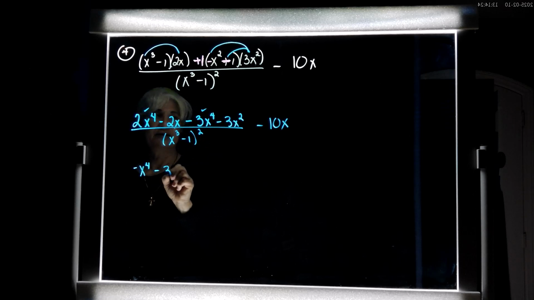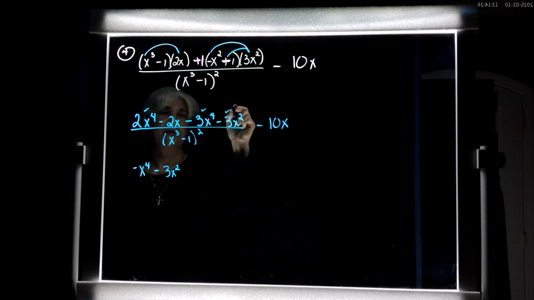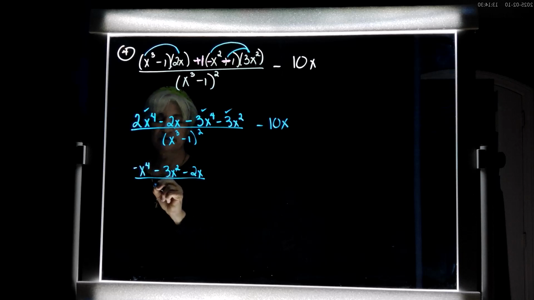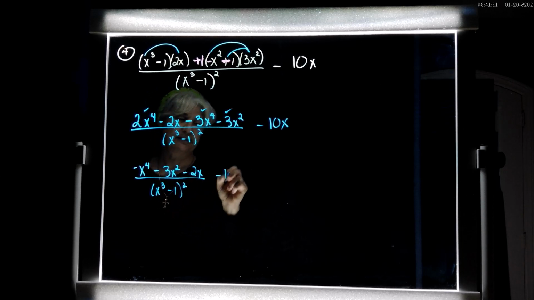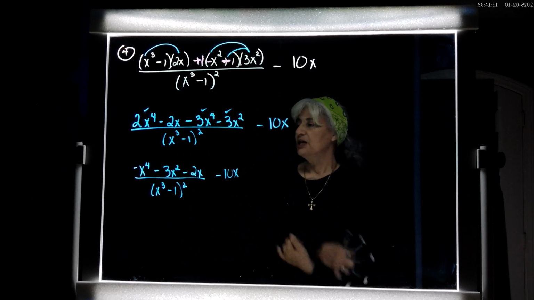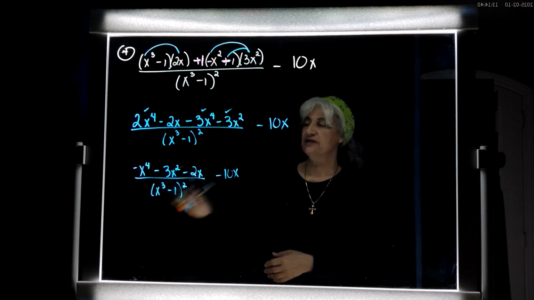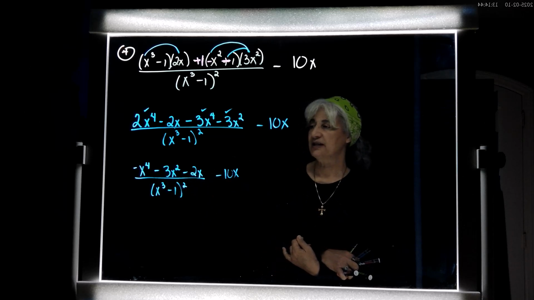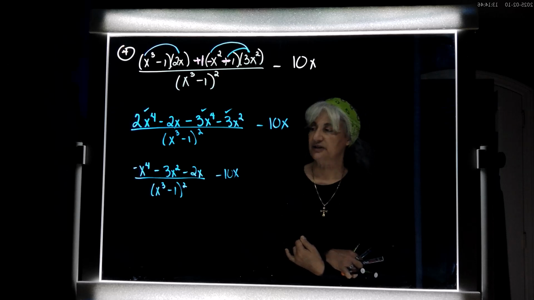And then a minus 3x squared, and then a minus 2x, all over this lovely denominator. And yes, the minus 10x. Cool? Okay, so can I do anything else with this fraction? Nope, that looks like about as far as I can take it. All the like terms are collected.